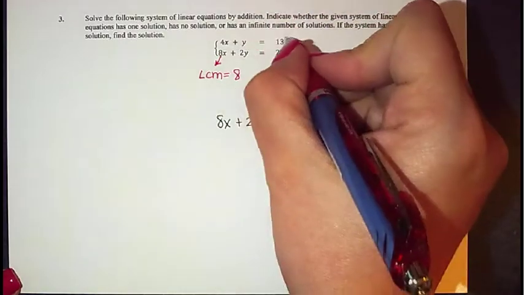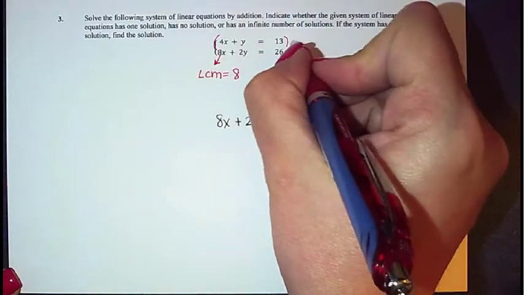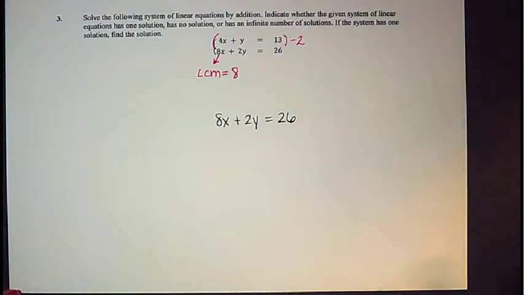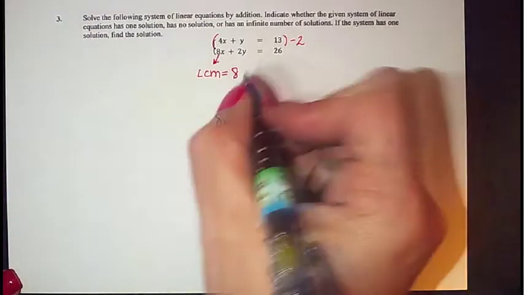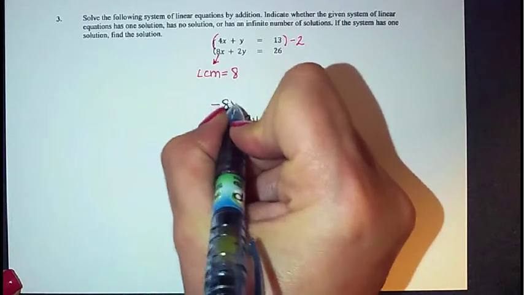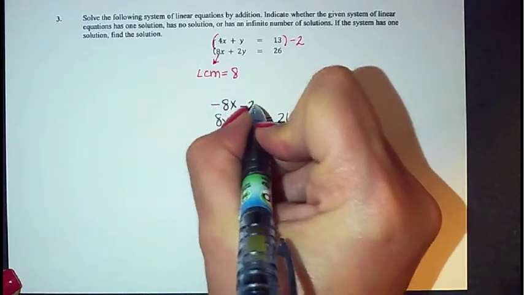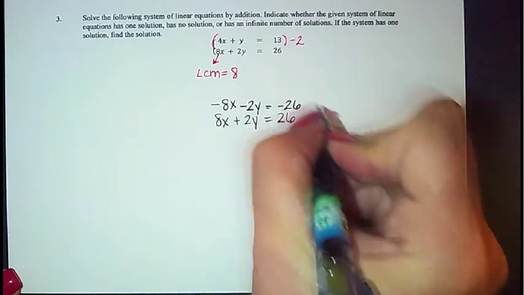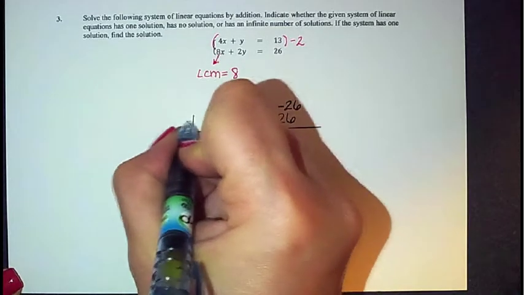So we're going to multiply this top equation by a negative 2. Multiplying by negative 2 is going to give me that opposite sign. So I'm going to end up with negative 8x minus 2y equals negative 26. And then I'm going to take these two equations and add them together.